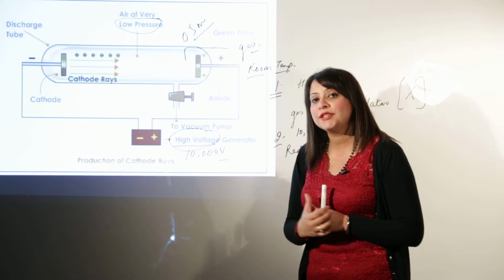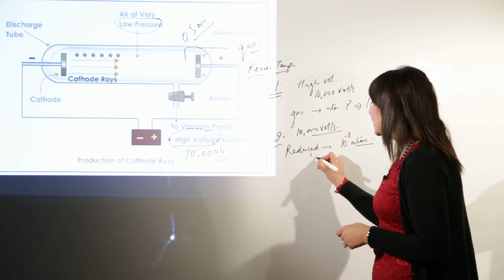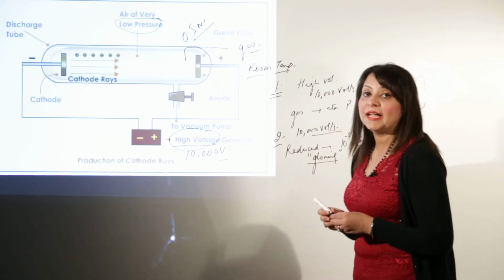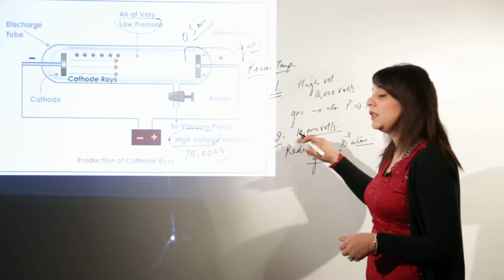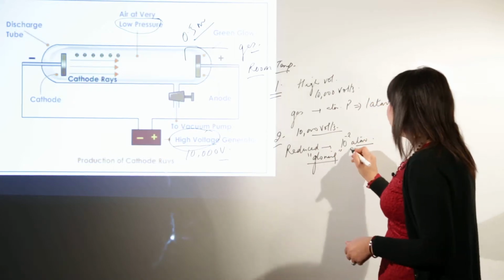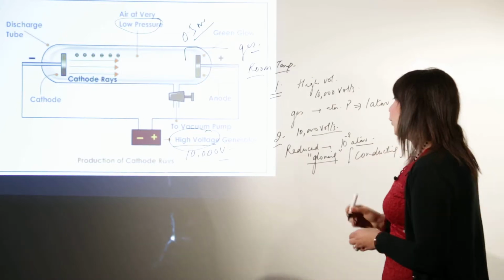And you know what that change was? The tube started glowing. This change indicates that the gas became conducting. So under this condition, the 10,000 volt battery and a reduced pressure of 10 raised to power minus 2 atmosphere, the gas became conducting.